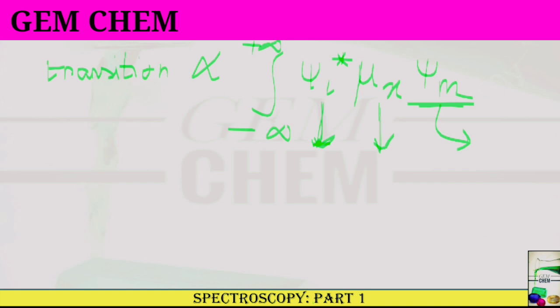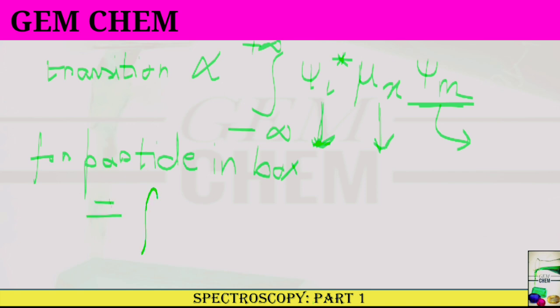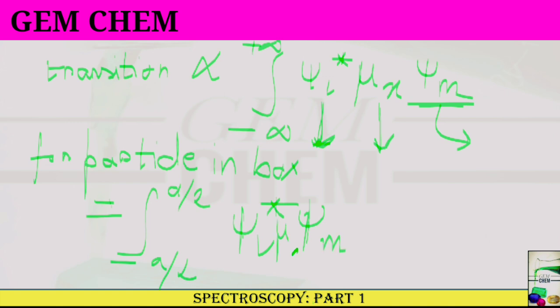So, for a particle in box, in that case this has become equals to integration a by 2 and minus a by 2 xi L star xi m, and in between we have mu x.